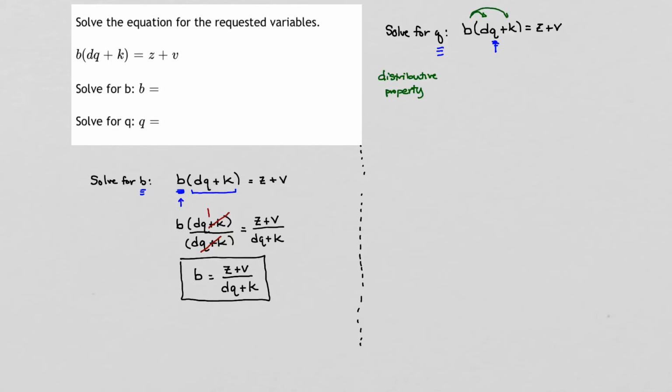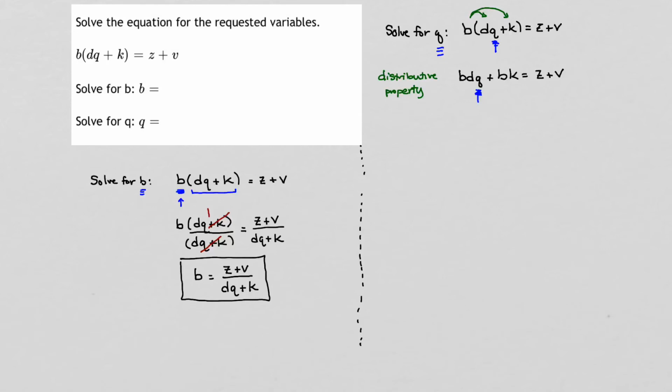That is, we're going to take B and multiply it times dq, and then take B and multiply it by k. And that's going to give us Bdq plus bk equals z plus v. What that's done is taken that q out of the parentheses. And that's my focus. My focus is to get q by itself.